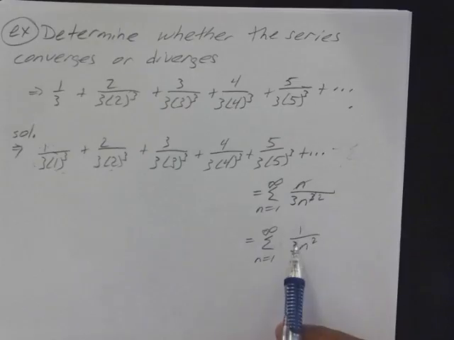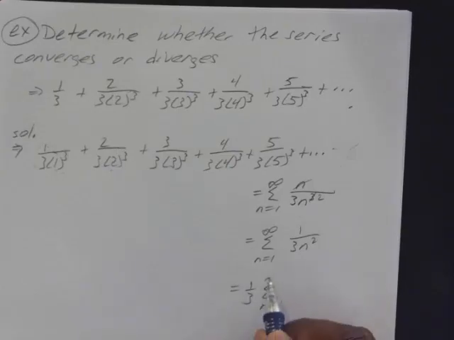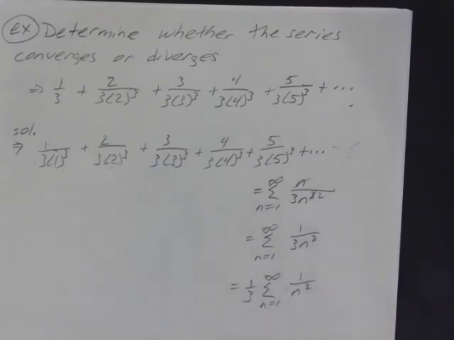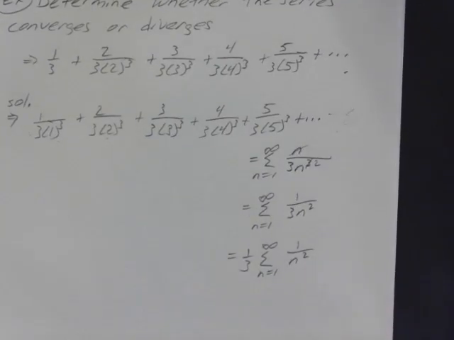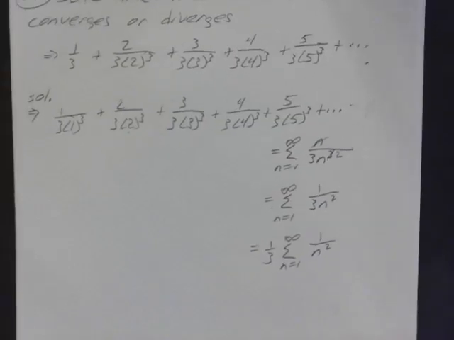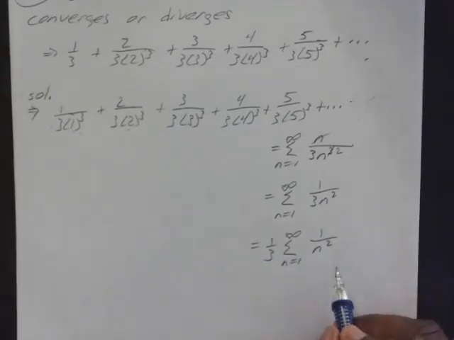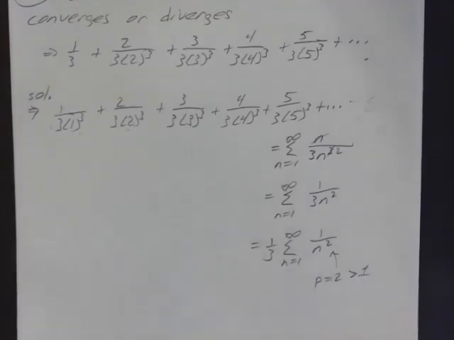Okay, so if we get that 1/3 and factor it out to the front, that's 1/3 times the sum from n equals 1 to infinity of 1 over n squared. So we finally have the form we're looking for. We know that p is equal to 2, which is greater than 1. So we know it converges.